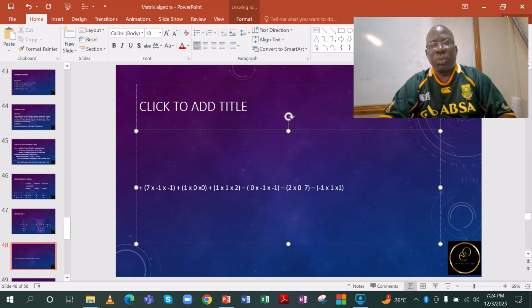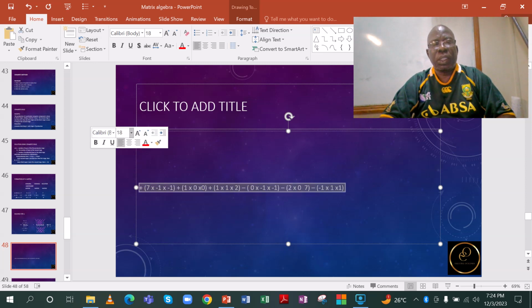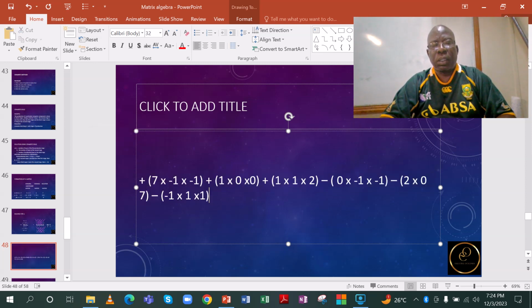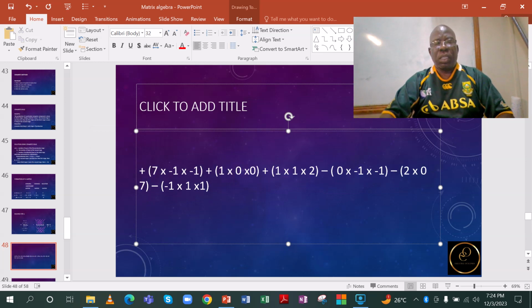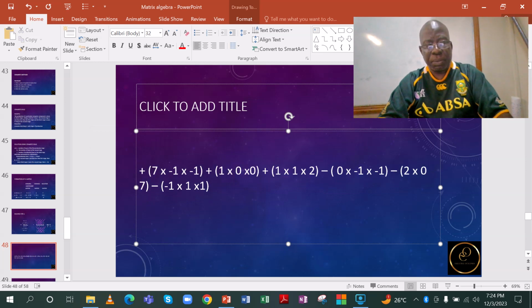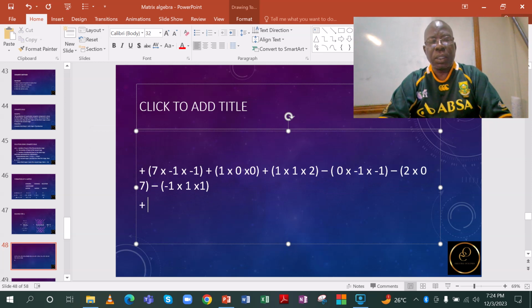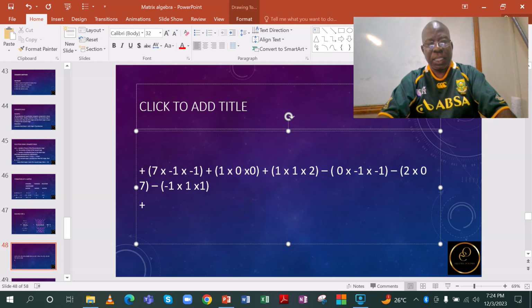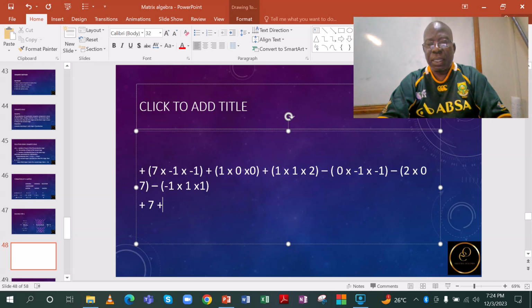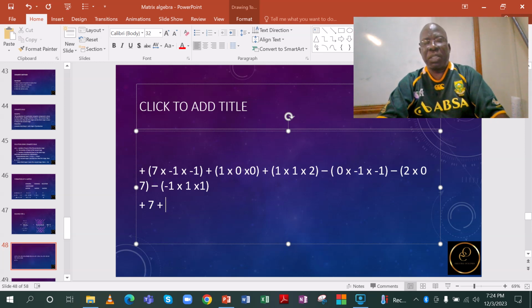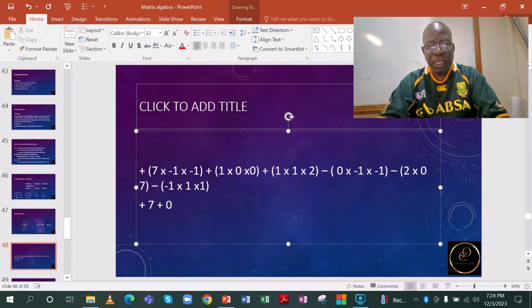This one will be positive. 7 times negative 1 times negative 1, it will be 7. Then plus 1 times 0, it will be 0. Plus 1 times 1 times 2, it will be 2.